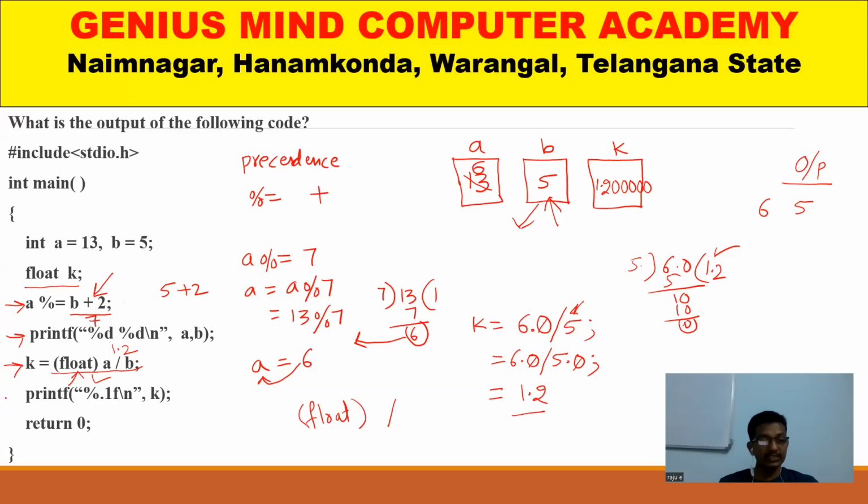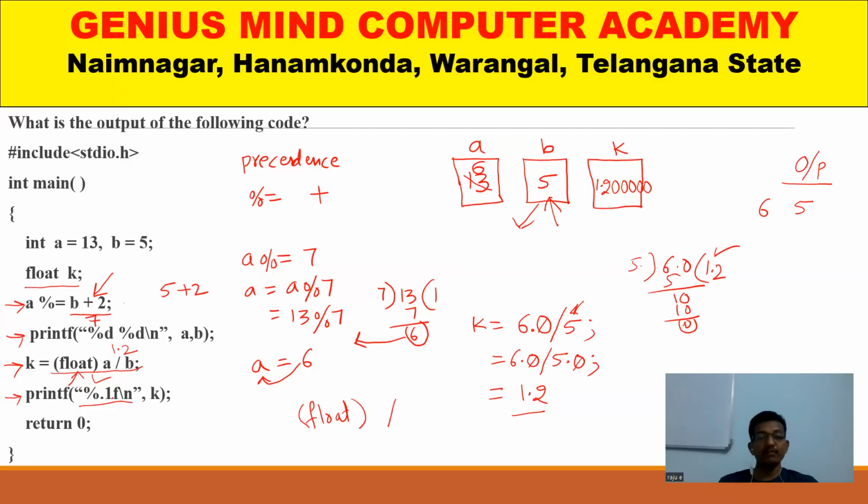Now go to the next statement. In the printf statement, we are printing the value of k. But what is the control string given here? It is percentage dot 1f. That means this indicates print the floating point value with 1 decimal place after the decimal point.